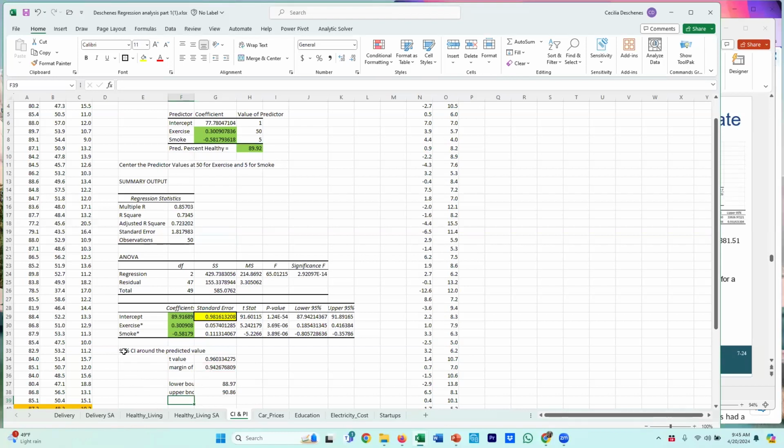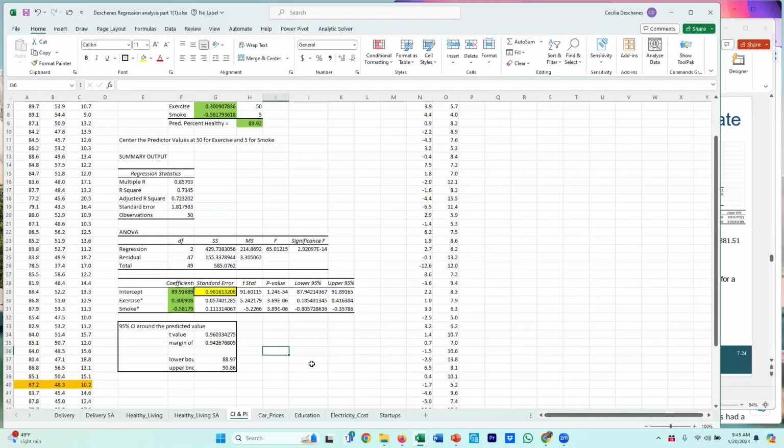So this is the 95% confidence interval of the predicted value. Now we can go to the legislature and say that we expect that if we spend all that money to improve health, then in 5 years or whenever we're going to do a check, it's actually going to go up to between 89% and 91%.